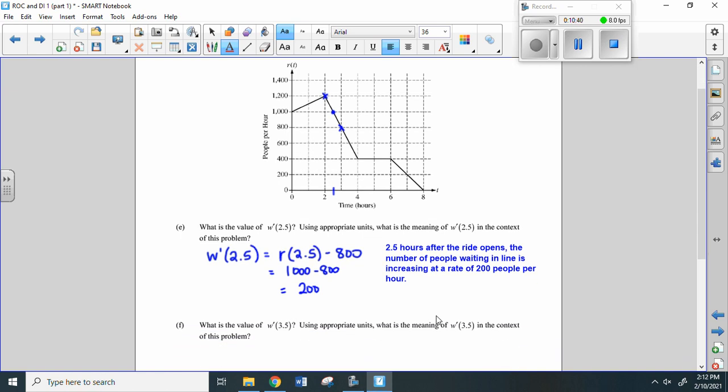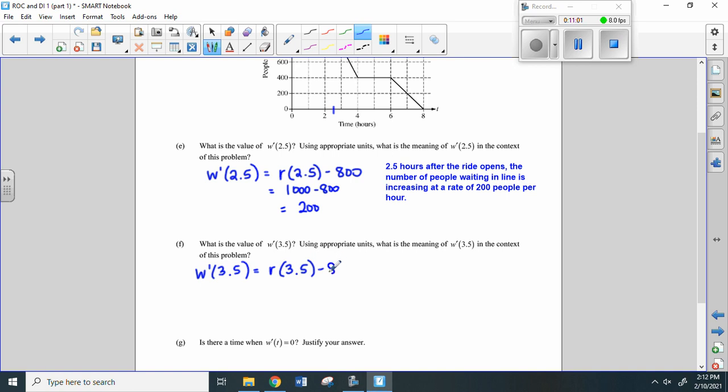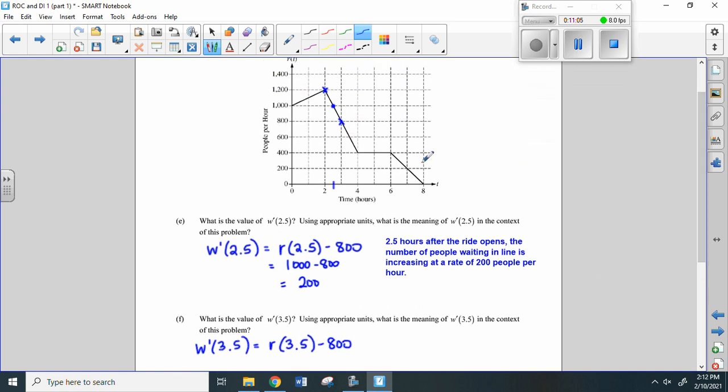All right, so F says, what is the value of W prime of 3.5? Hopefully you're getting the hang of it. Since we had a basic formula for W prime, we can do the same thing. Here we can say W prime of 3.5 is equal to R of 3.5 minus 800. And so then I go to my graph of R, 3.5.